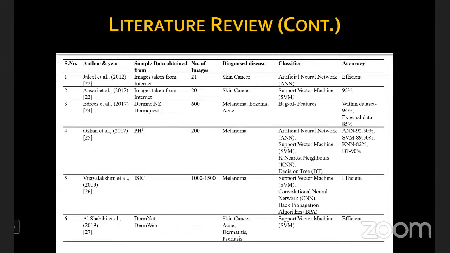It was found that the artificial neural network was efficient up to 92%, and KNN was the least accurate, at 82%.